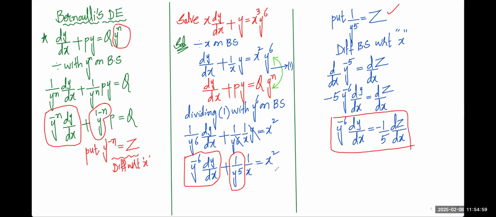If I am substituting all these values here, what happened to equation number 2? Minus y power minus 6 dy by dx, value is this one. क्या है उसकी वैल्यू?